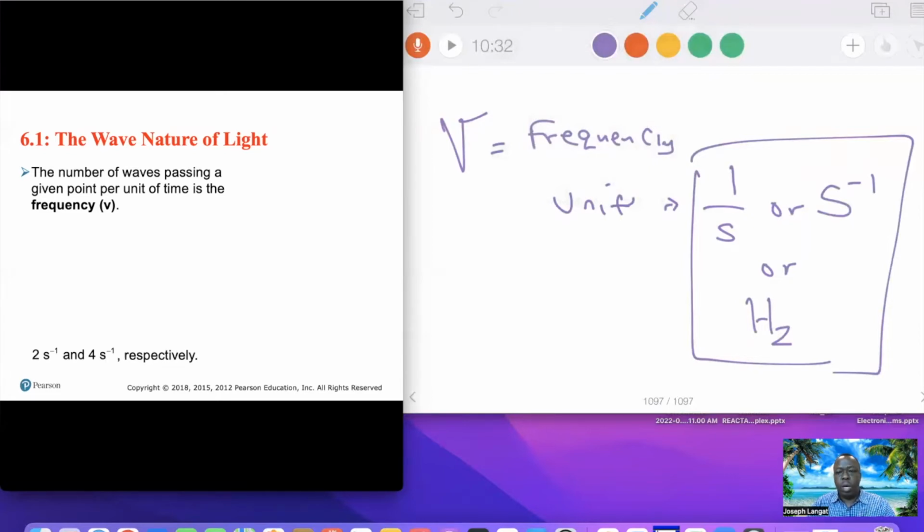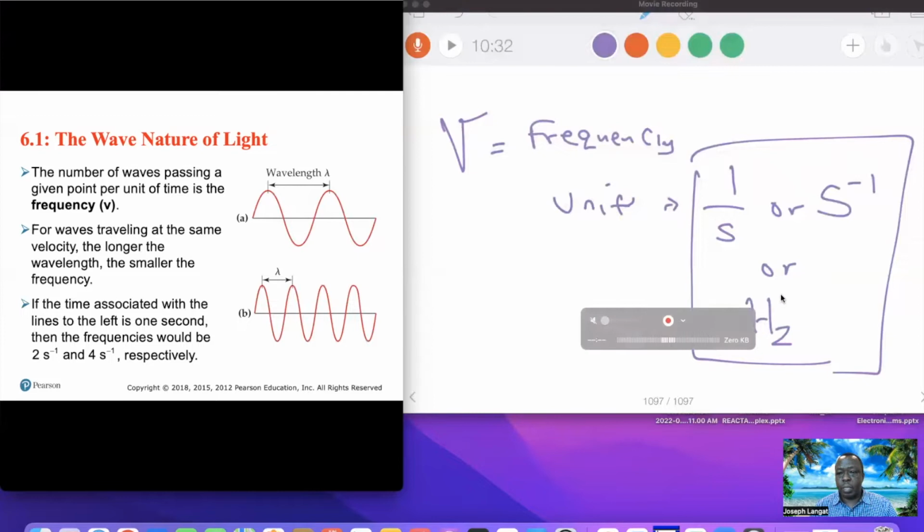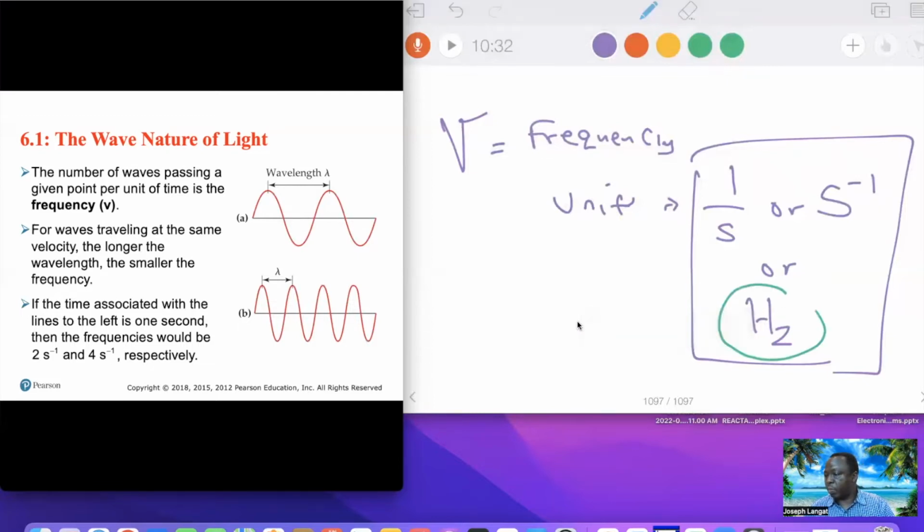Those are just different units you may come across in expressing frequency. So know that per second is the same as hertz. Please take note of this. Hertz is the same as per second, or 1/s.